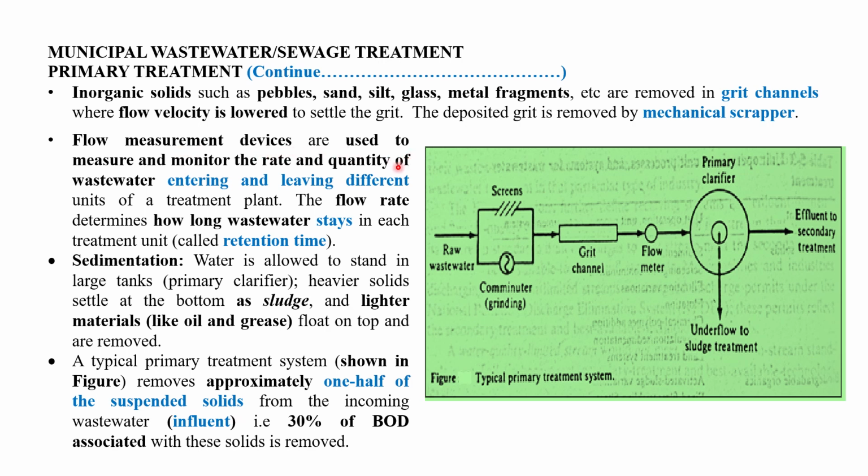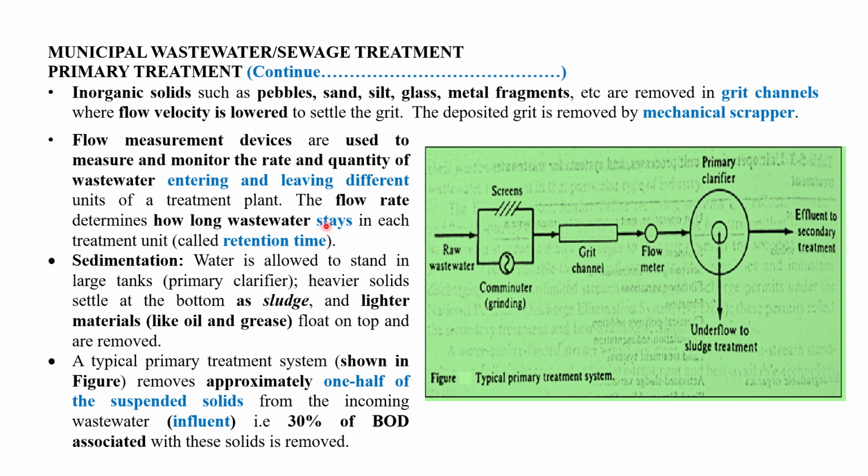Flow measurement devices are used to measure and monitor the rate and quantity of wastewater coming to the treatment plant during primary treatment. What is the work of the flow measurement device? It is used to measure and monitor the rate and quantity of wastewater entering and leaving different units of the treatment plant. These units are the screens, grit channels, and the primary clarifier.